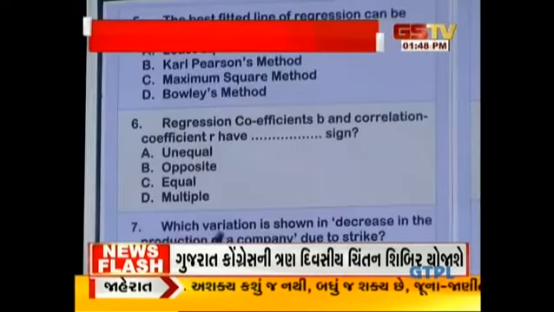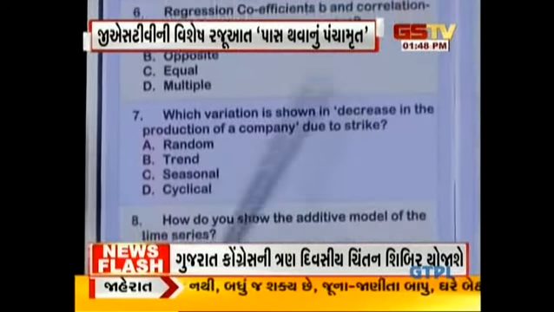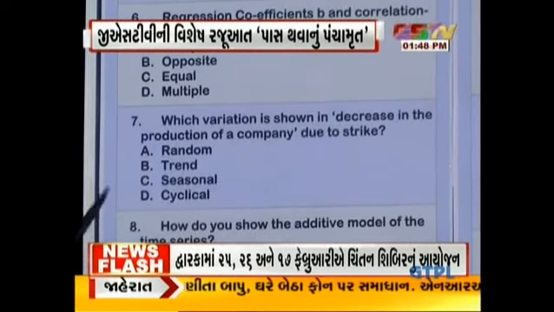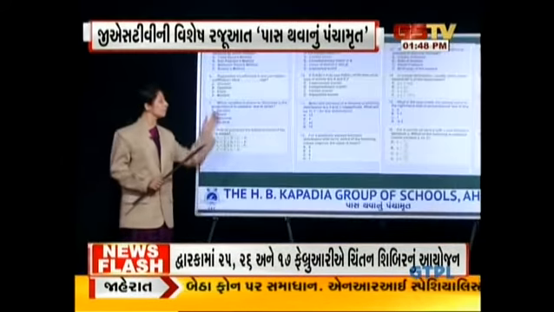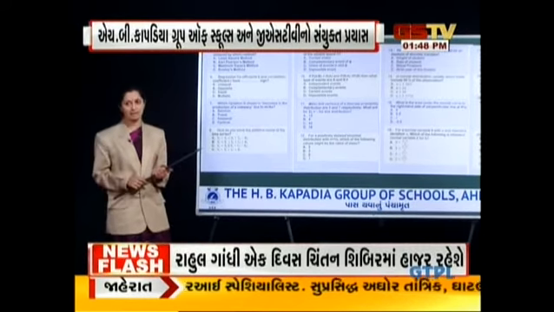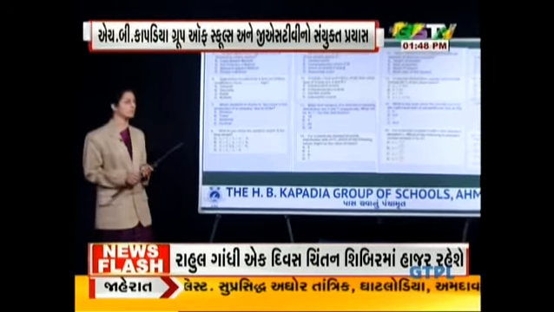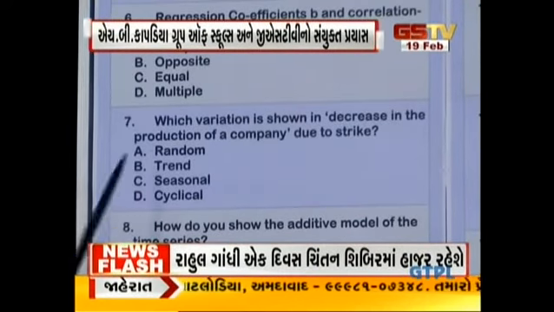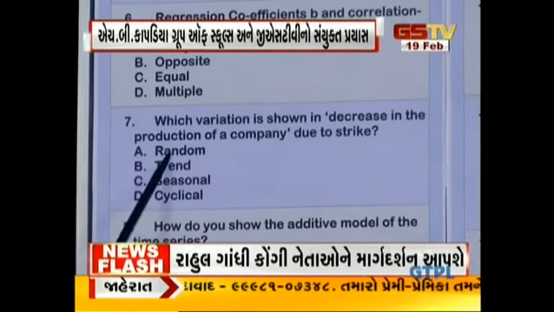Next, which variation is shown in a decrease in the production of a company due to strike? Now what type of variation is this? This type of fluctuation can occur anytime, right? It is a random fluctuation. Strike can occur anytime, so the right option is random fluctuation.